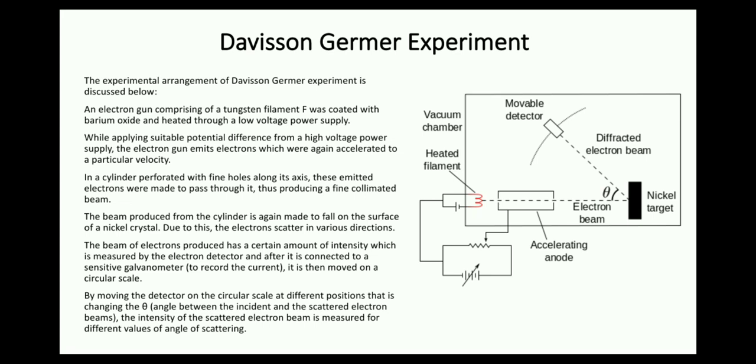While applying a suitable potential difference from a high voltage power supply, the electron gun emits electrons which are accelerated to a particular velocity. These emitted electrons are made to pass through a cylinder perforated with fine holes along its axis, thus producing a fine collimated beam.